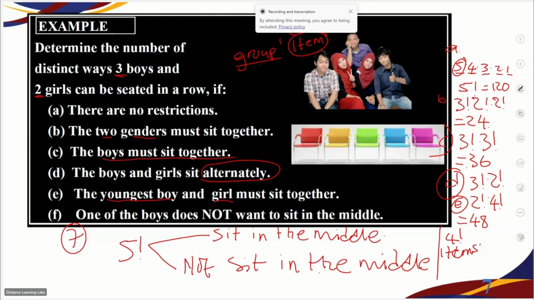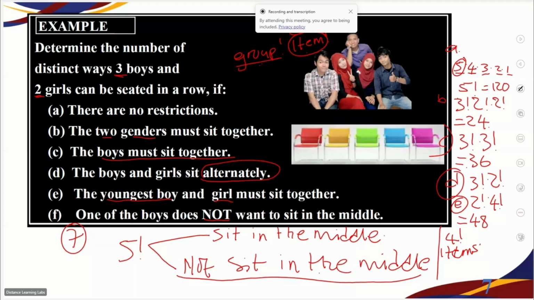The boy that does not want to sit in the middle, there is a chance that that boy can sit in the middle. And again, in the 5 factorial ways, there is a chance that the boy does not sit in the middle. This is what the question is looking for.